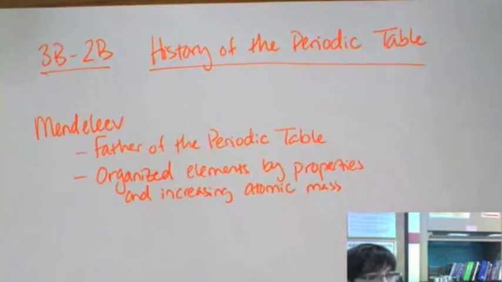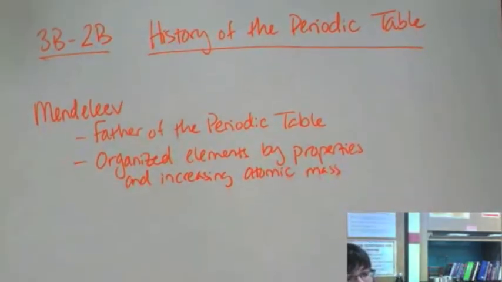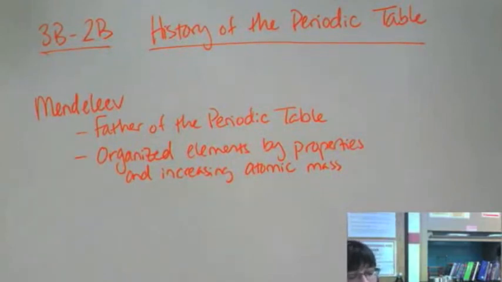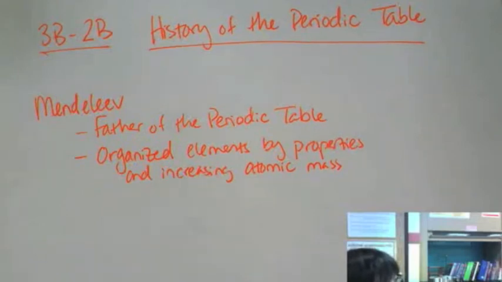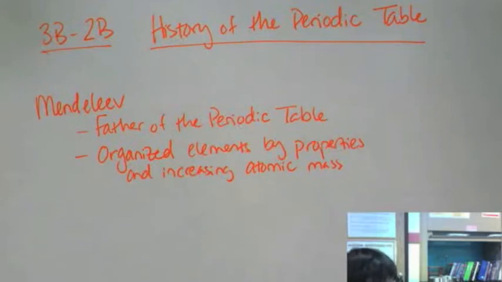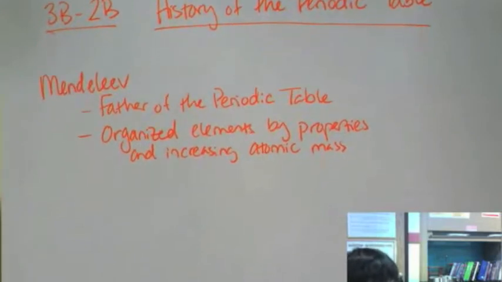Something like, maybe this type of element is flammable, whereas something else may not be. Yeah, elements that are really, really reactive get grouped together, and elements that are not very reactive get grouped together. Metals get grouped together, and so on. But his main idea was that they should be organized by mass.